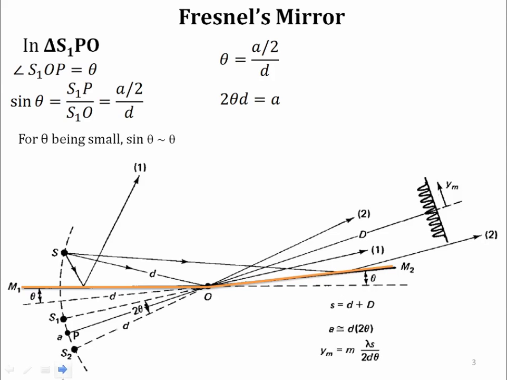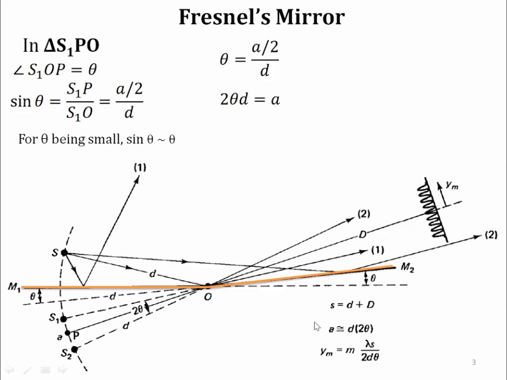So the total distance between these two sources and the screen will be small d plus capital D, because from here to O is small d and from here to here is capital D. We have already done this here. So small a, the separation between two sources, is this.